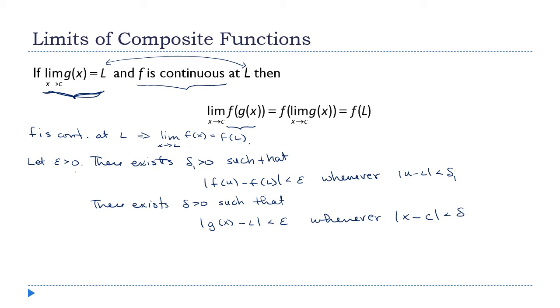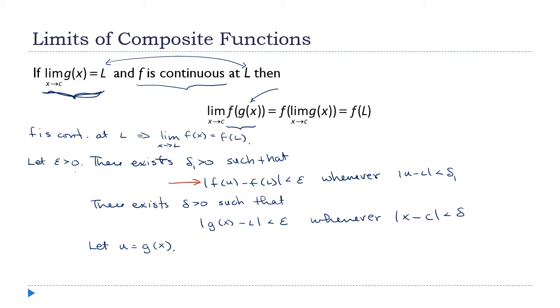Right, now here comes the kind of cool step. Let u equal g of x. Remember, g of x is what I'm substituting into f of x up here. So these g of x's have to be in the domain of f. If I do this, I'm going to go back to this inequality and substitute g of x into there.